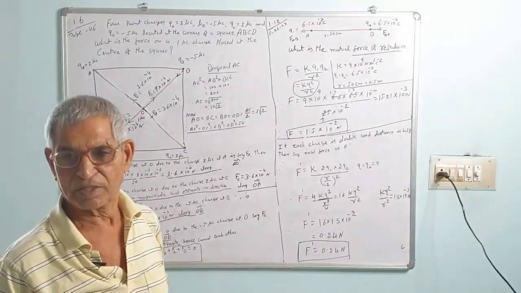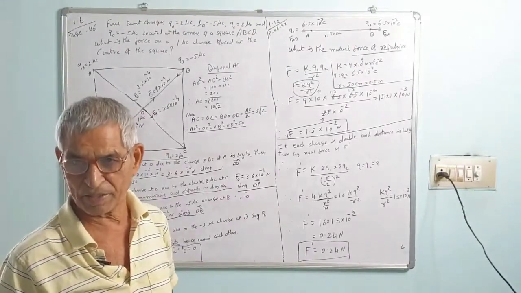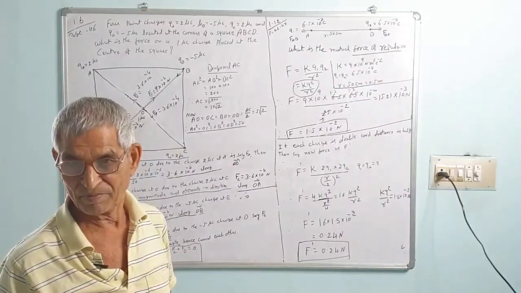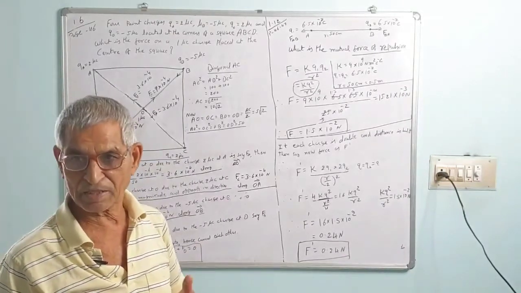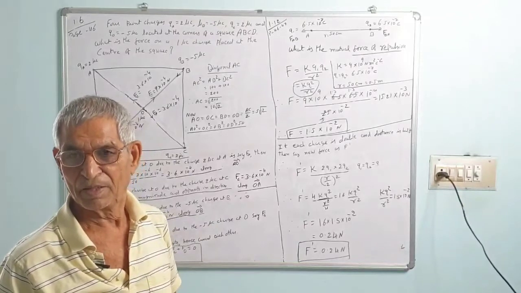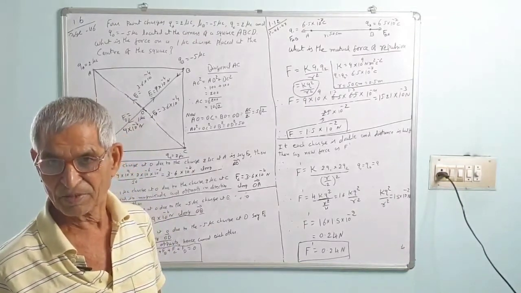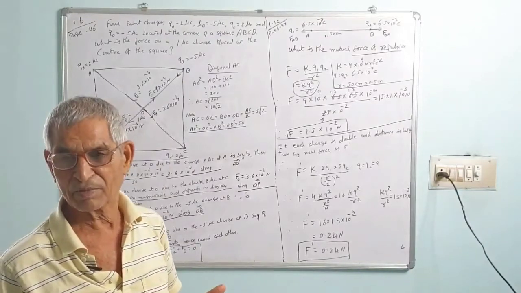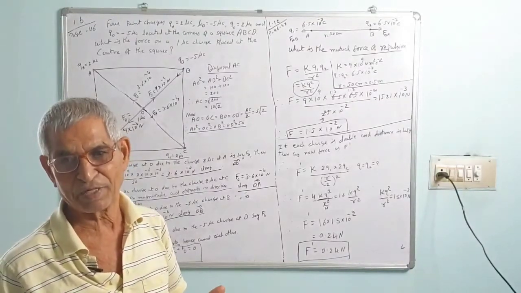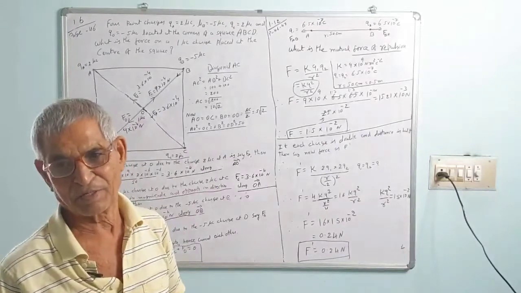Similarly, if each charge is made double and distance is also made double, then force will remain the same. Or if each charge is made half and distance is also made half, then also it will remain the same. If each charge is made half, the force will be 1/4 and distance is also made half, so it will be 4 times, so that will cancel.